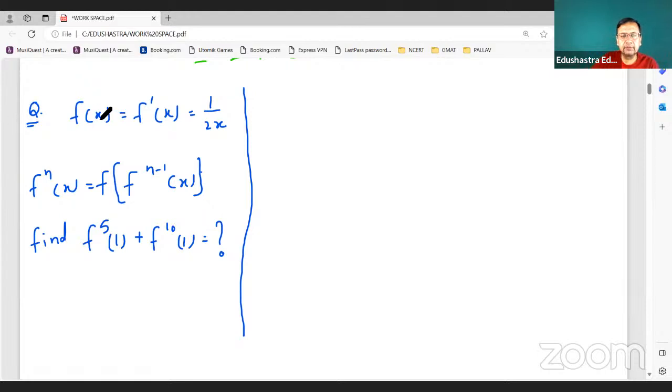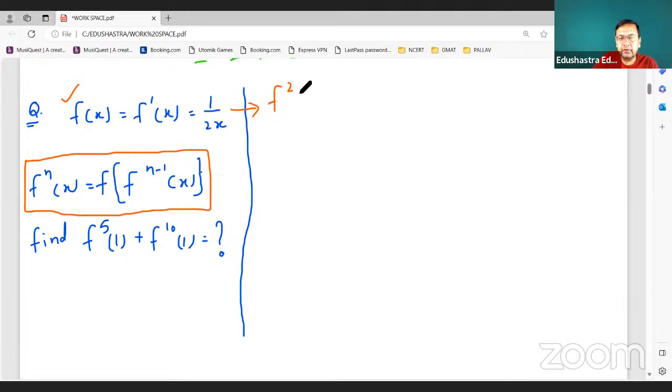Okay. So now let's solve. So this is your function definition, right? And this is your function. So if I calculate from here f2 of x, how to solve? This is f of f of x. This is what, f2 of x, right?